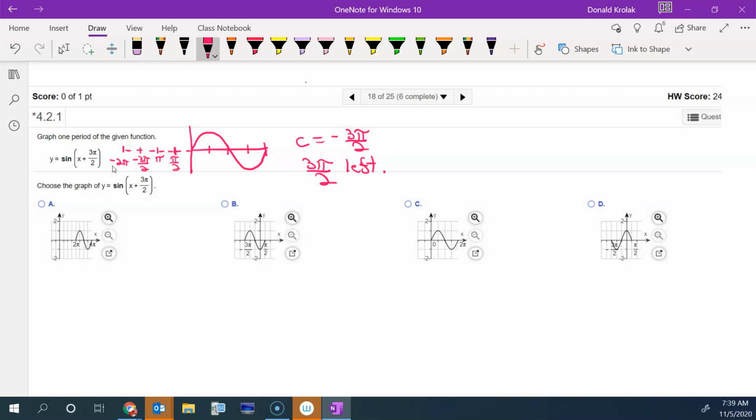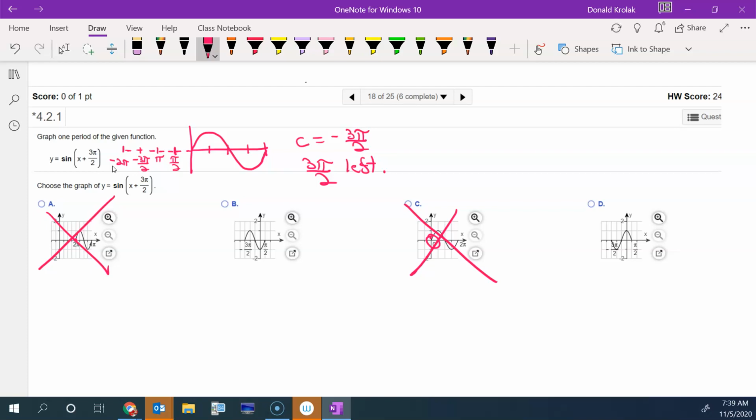Okay, so when we look at C, where does C start? You're looking at a graph that started at 3 pi over 2 to the left. So there's 2 of them you can get rid of. That starts at 0. This one starts at 2 pi. Now it's one of these 2.